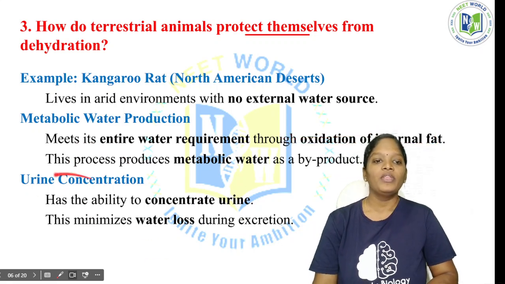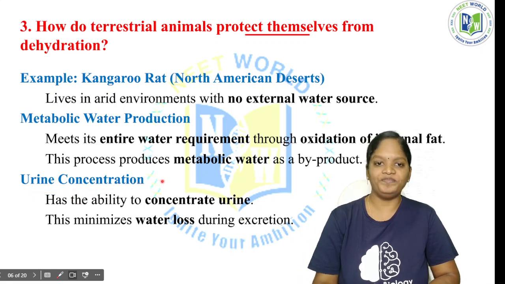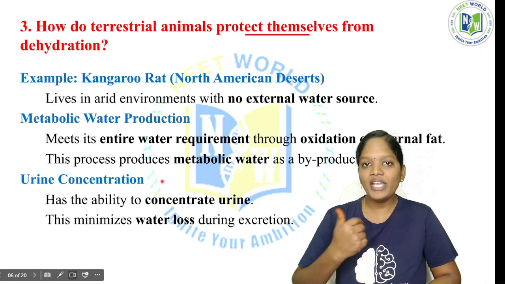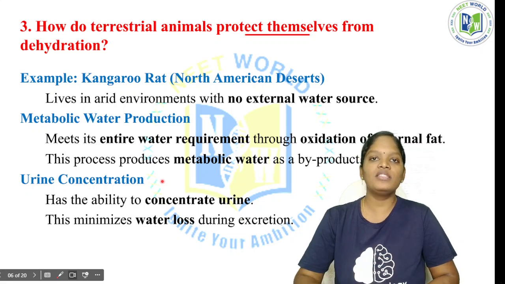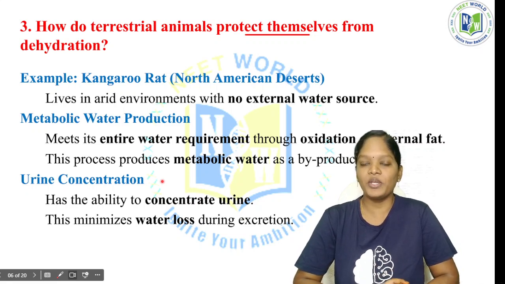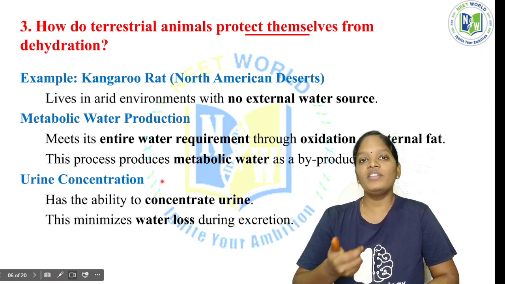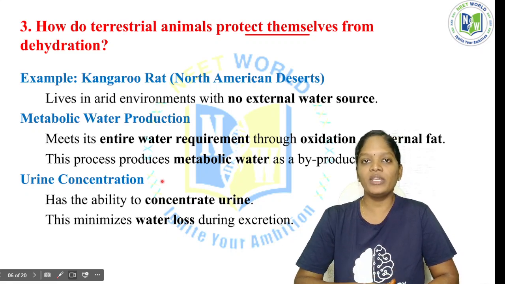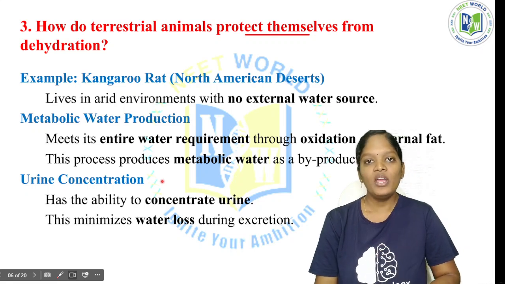Now, urine concentration. Basically, the waste materials along with the water will be eliminated out through our physiological system. We can say whether it will be a diluted urine or a concentrated urine. Water is essential to eliminate the waste material.